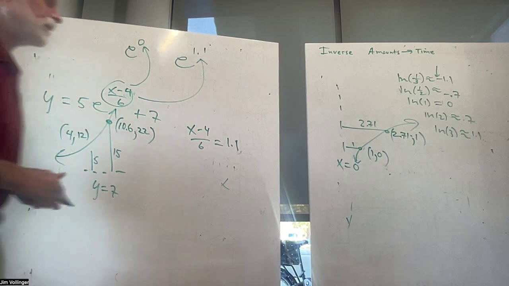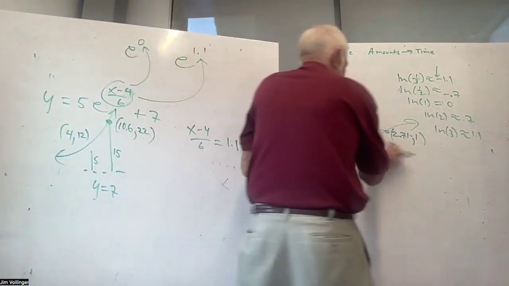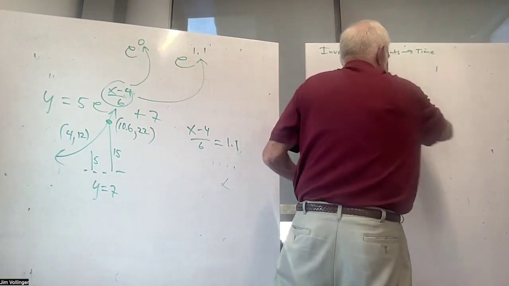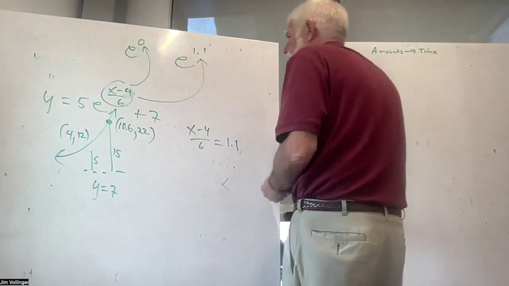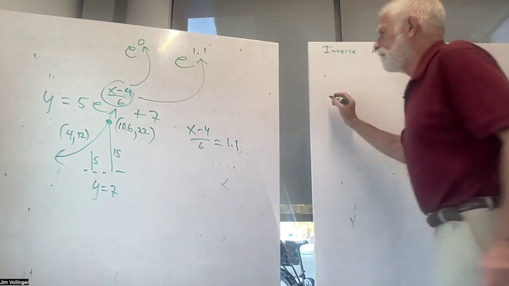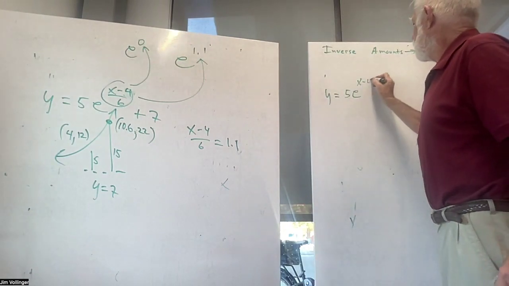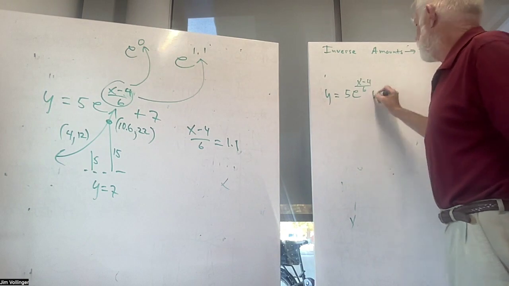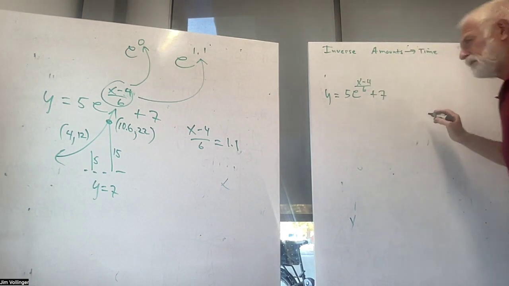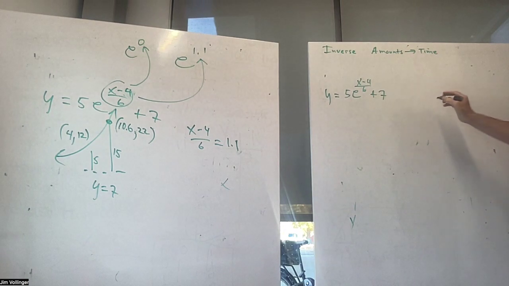But what's the inverse of that? Well, the inverse of this function, let me write it here. Y equals 5 e to the x minus 4 over 6 plus 7. And this I haven't done with 3 before in this context.